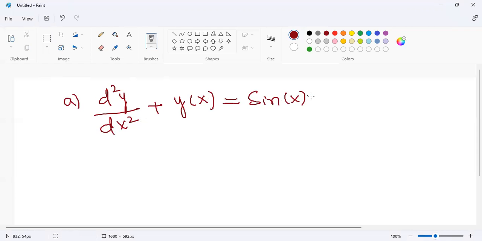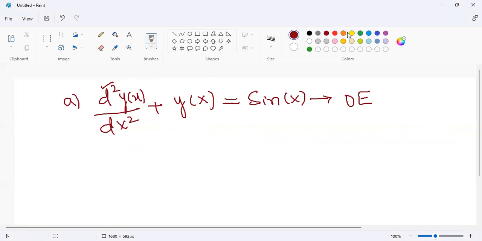Now, since this equation involves a derivative of an unknown function y, we can call this equation a differential equation, maybe in short DE.